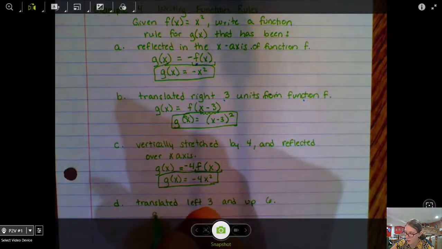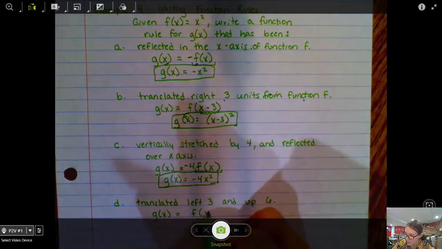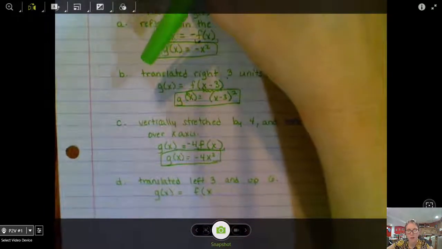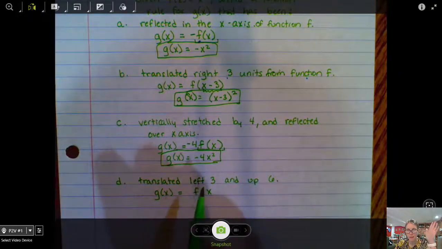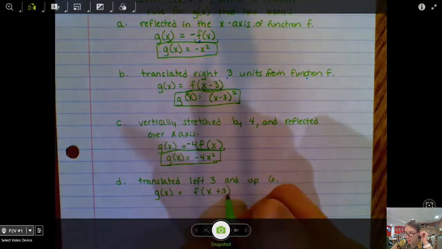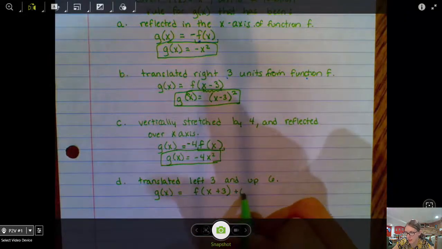Again, I'm going to start off with that g of x is somehow related to f of x. And I'll leave a little space there. For translated left 3, it's affecting my x values. It's happening inside of our parentheses and opposite of what we think. So I need a plus 3 here. Up 6 is plus 6 at the end.